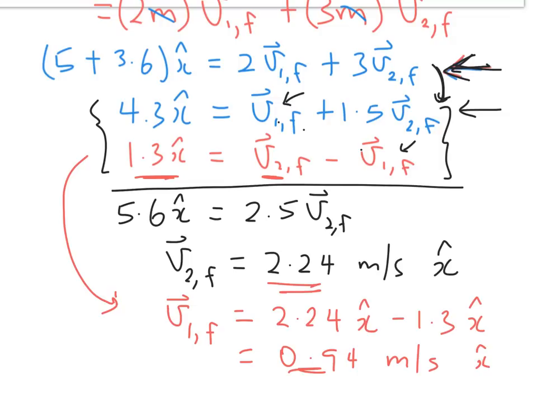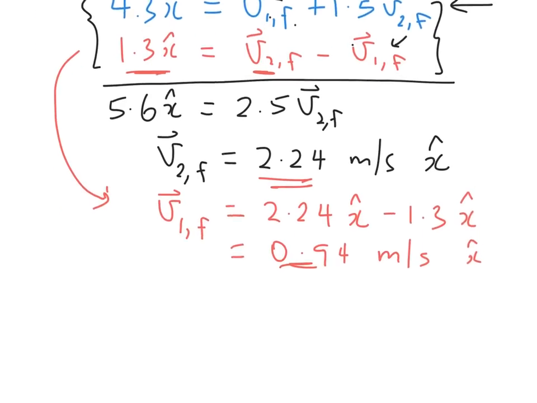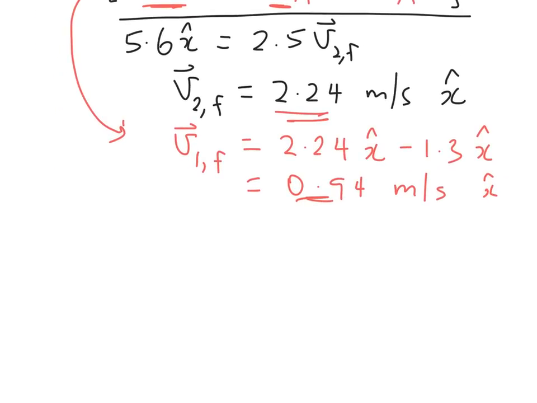Okay, the bonus one, you can just work it out yourself. I've run out of space. It's not so bad. The bonus point problem asks for the impulse delivered to the 2m card because of the collision.